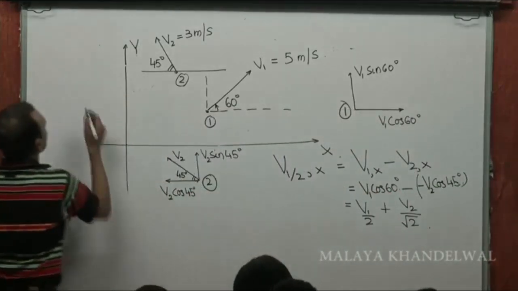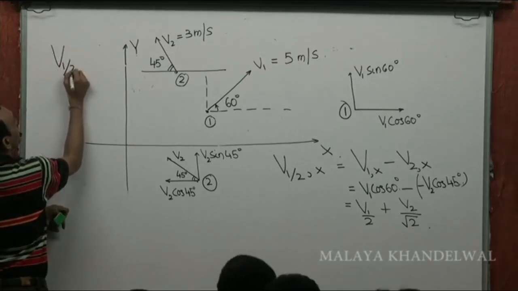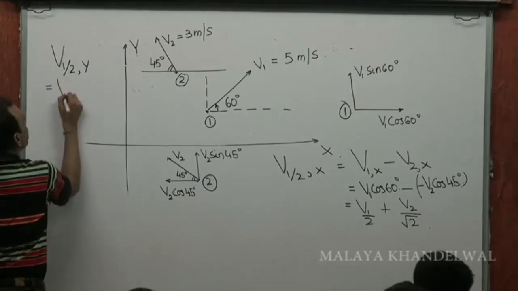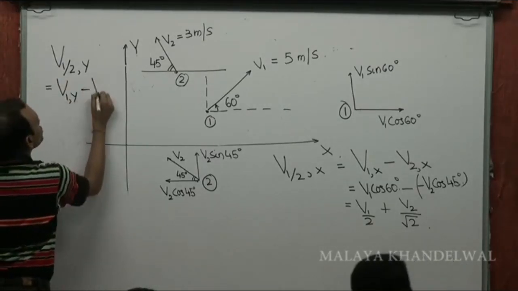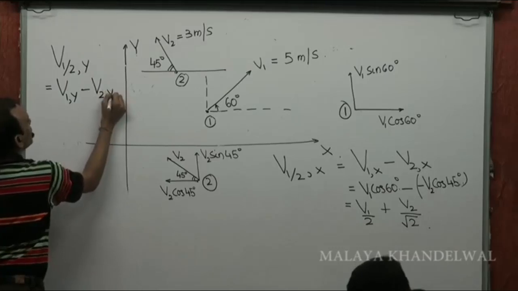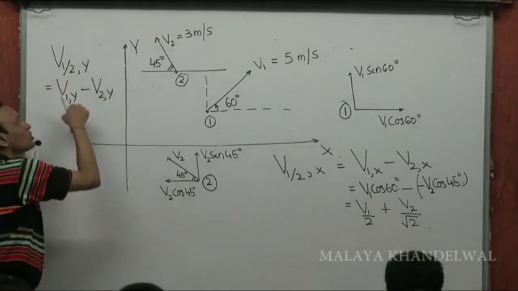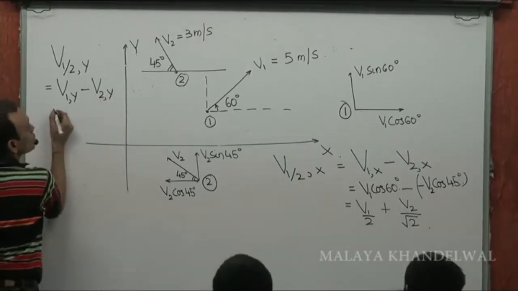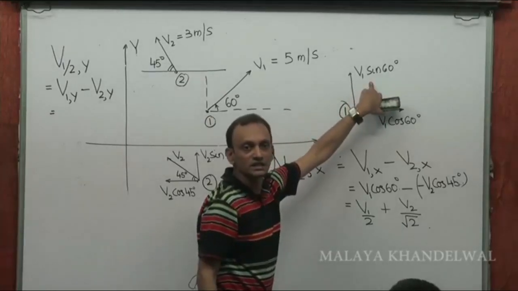Now, what is velocity of 1 as seen by 2 along the y-axis? That's going to be velocity of 1 along the y-axis minus velocity of 2 along the y-axis. That will give me velocity of 1 with respect to 2 along the y-axis. What's velocity of 1 along the y-axis? V1 sin 60 degrees.